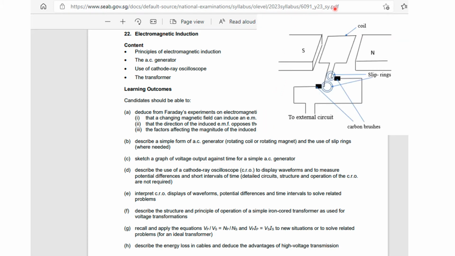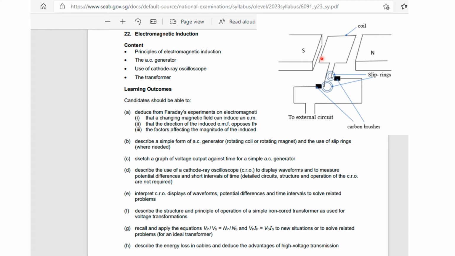So this is a simplified schematic of an AC generator. You have a coil that is being placed in between two magnets. This coil will be turning. So what causes it to be turning? Let me give you a simplified example.